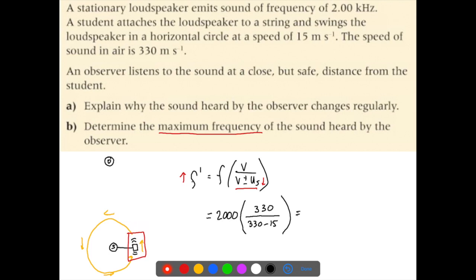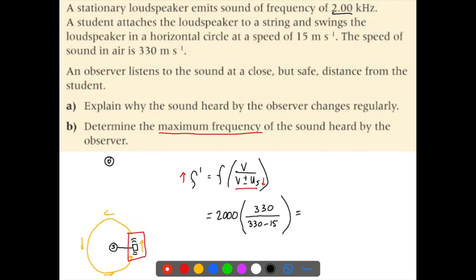And so now I should be able to type that straight into my calculator, and I'll go 2,000 times 330 divided by 330 minus 15, and we get our final answer of 2,095.